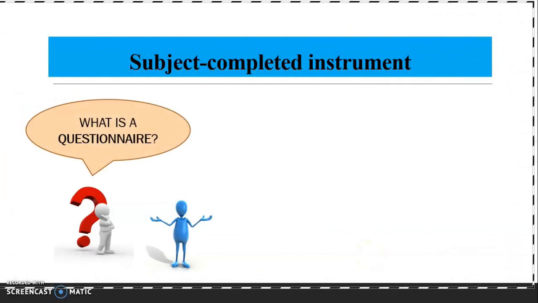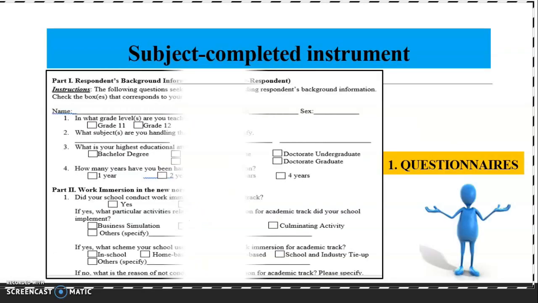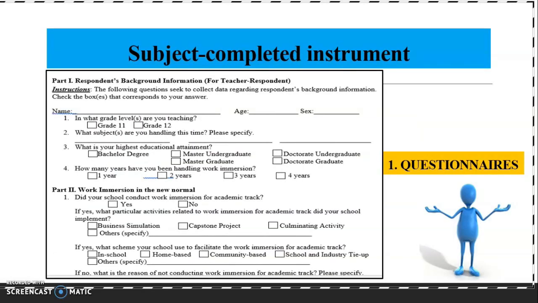What is a questionnaire? A questionnaire is where the subjects respond to the questions by writing or, more commonly, by marking an answer sheet. This is an example of a questionnaire. Selection items include multiple choice, true or false, or matching type.